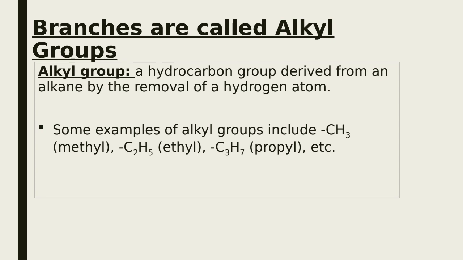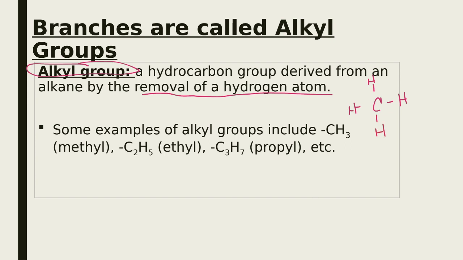And these branches are called alkyl groups. Okay, that's the term for them. And it says there it's a hydrocarbon group derived from an alkane by the removal of a hydrogen atom. So for example, we know that the alkane molecule methane contains 1 carbon and 4 hydrogens.